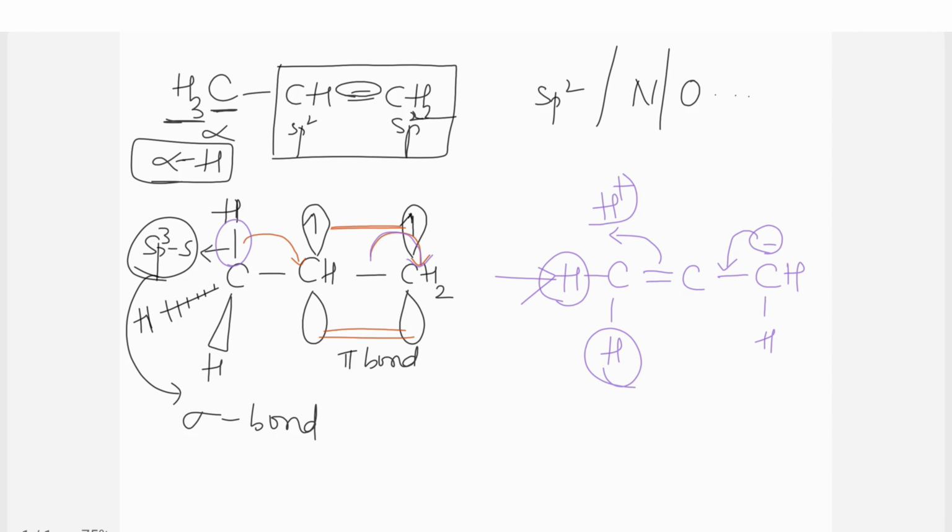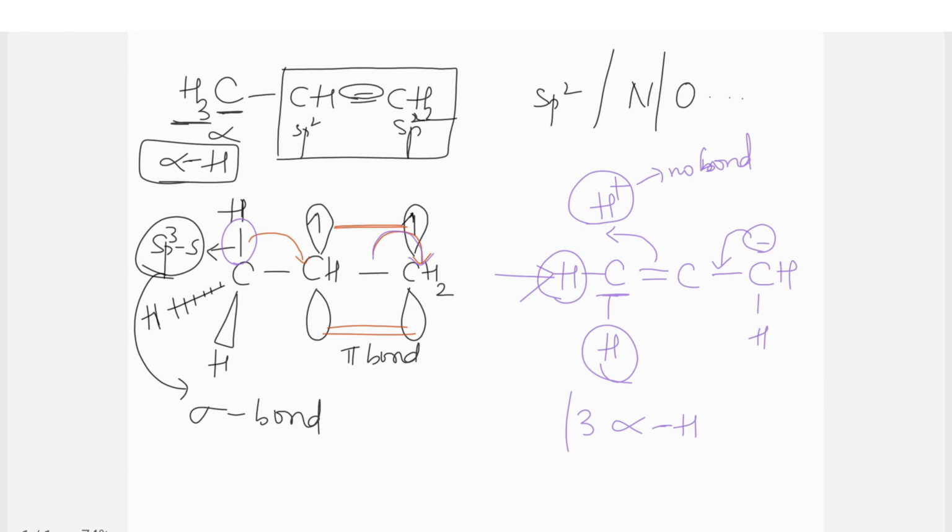Since hydrogen is losing its bond by giving out its 2 electrons, this is considered to be no bond resonance. This happens with however many alpha hydrogens are beside the double bond, and that many conjugated structures are formed. Since there are 3 alpha hydrogens here, we can expect this to happen 3 times in propene.